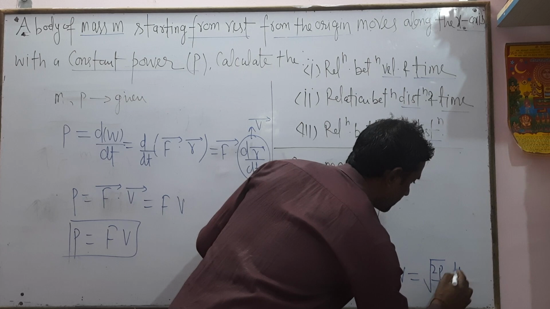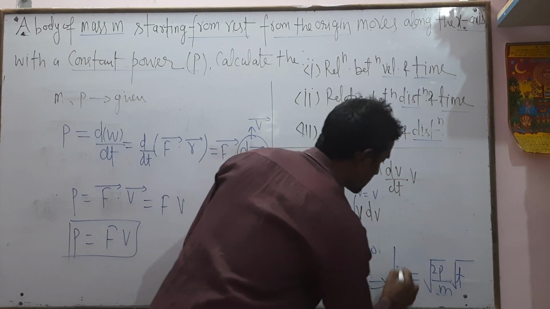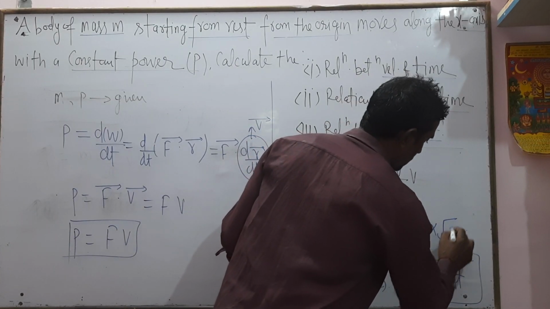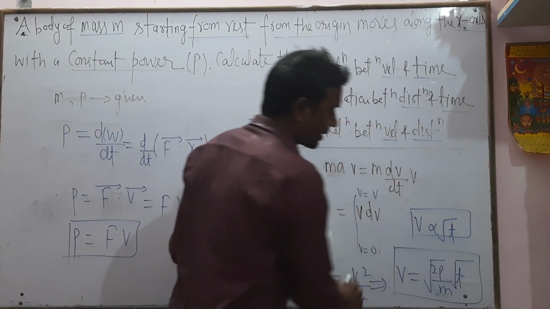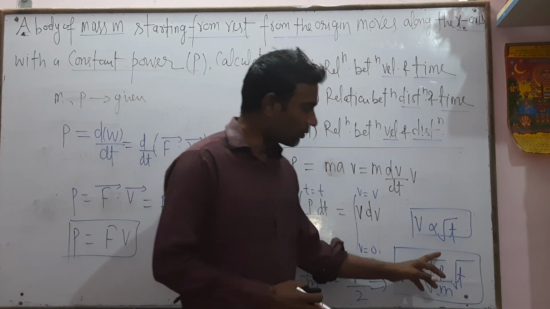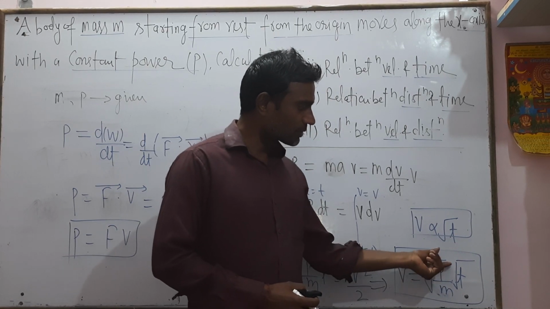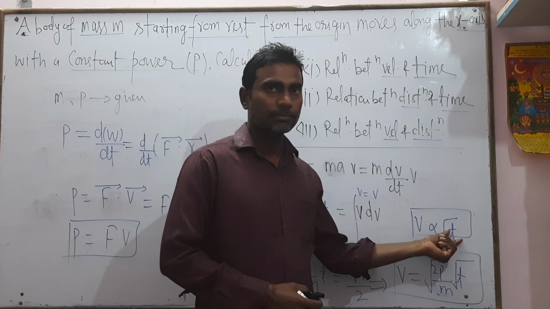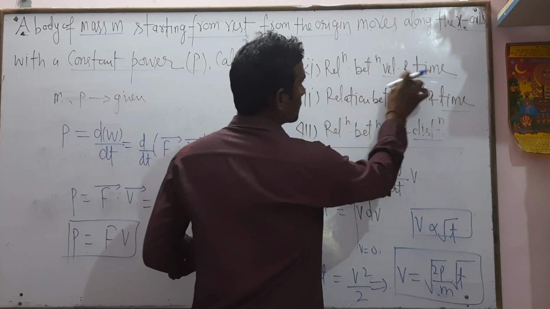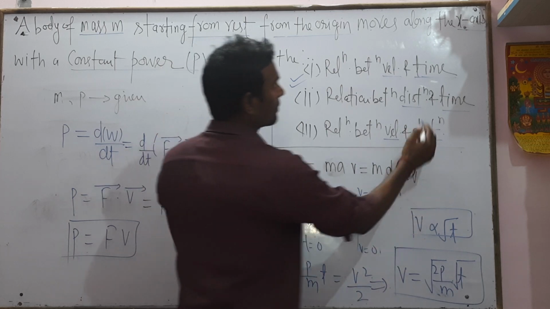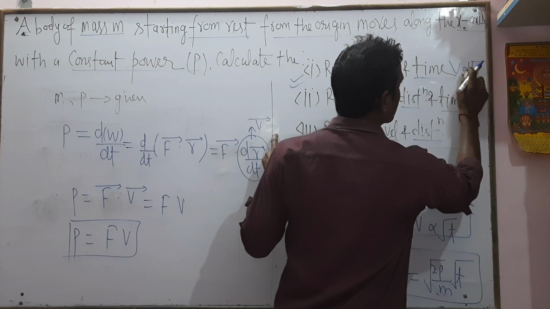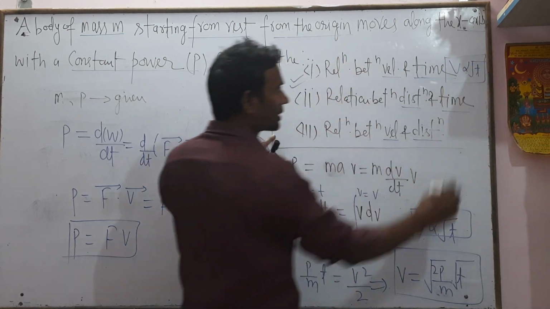This is the velocity as a function of time. Velocity is proportional to the root of t, because power P and mass m are constant, so that whole factor is a constant. So the first relation, between velocity and time, is v proportional to root of t.